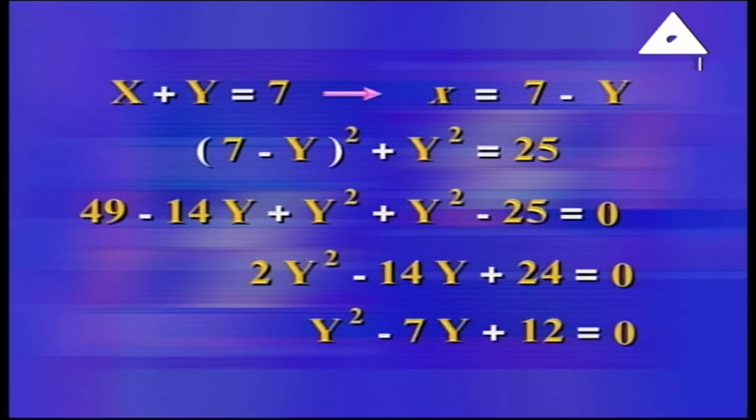Then by factorizing this equation, you are going to find that the two brackets will be y minus 3, y minus 4, which is equal to 0. In this case, we can find that y equals 3 or y equals 4. What about the values of x then?